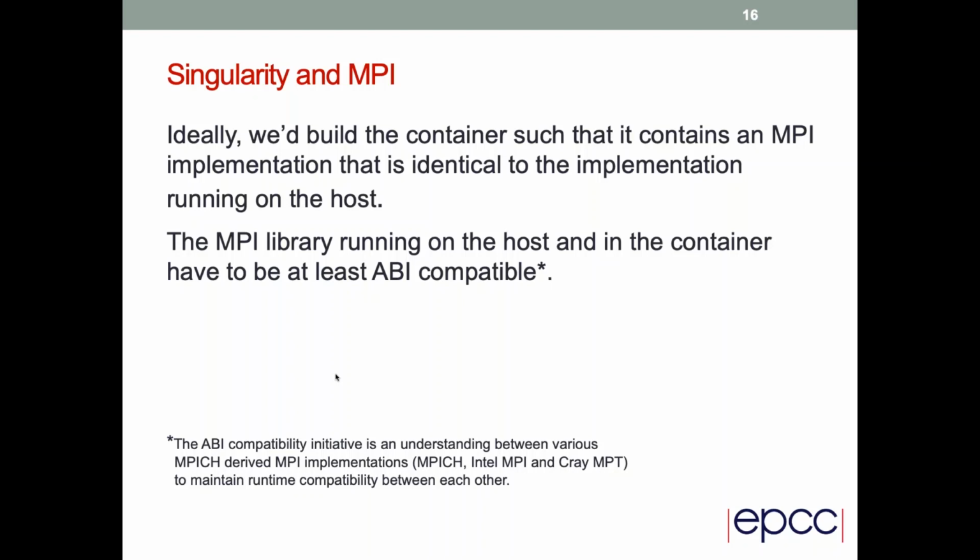There's Open MPI, there's various ones derived from MPICH, and there's Intel MPI also. Apart from the first of these, Open MPI, the others have combined to form this ABI compatibility initiative. So that means that you could build a container that, say, has an MPICH MPI, and that should then run on an HPC machine that has an Intel MPI installed.